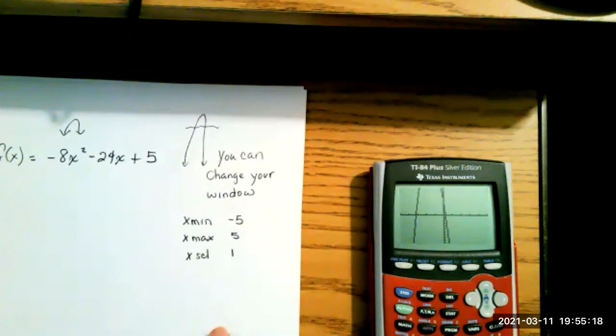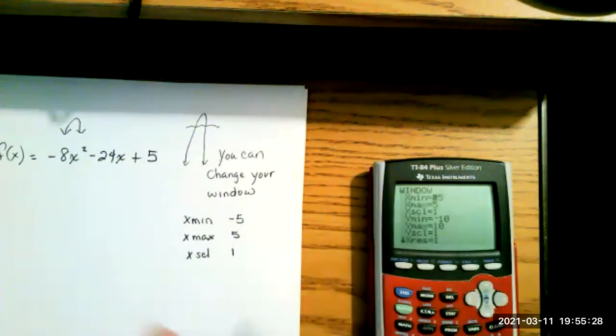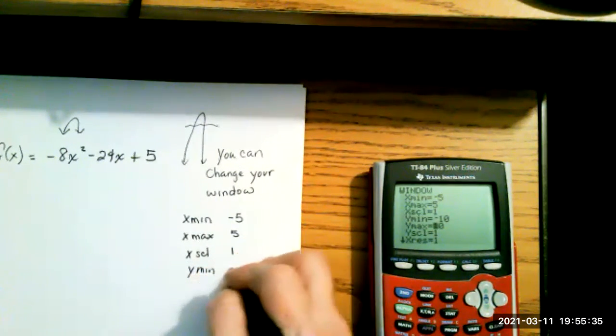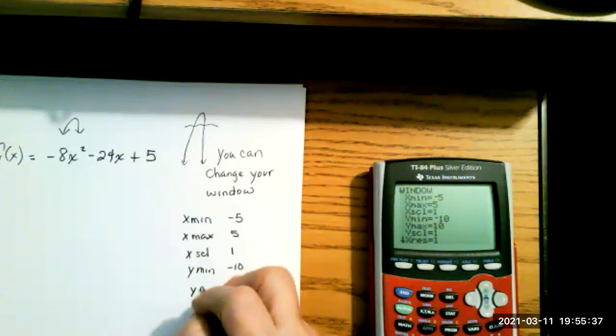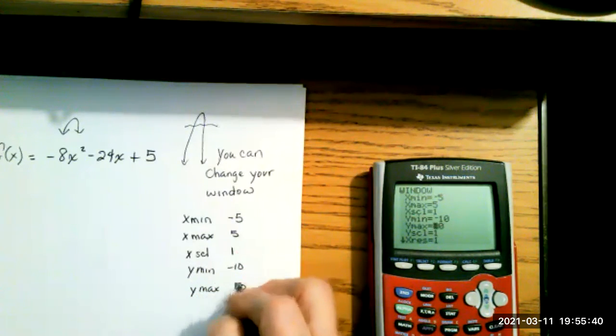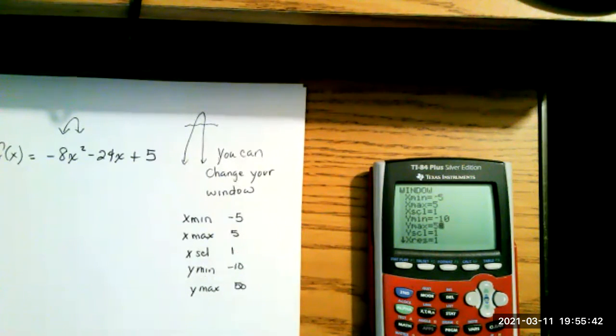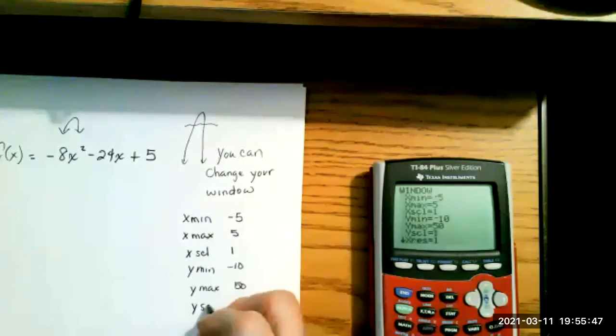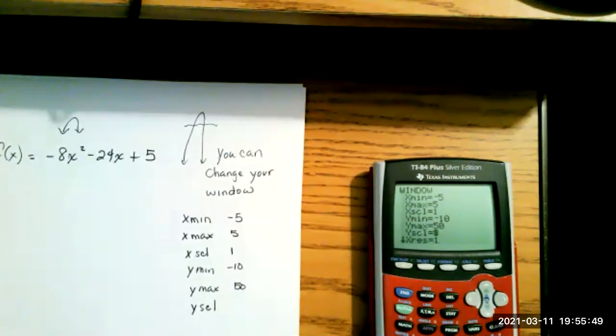I can almost see the top of it now with just changing my X's. But I need to change my Y so I can see the top of it. So I'm going to go to Y max. We'll leave the Y min at -10. And change my Y max to 50. So I'm going to change that 10 to a 50 there. And now my Y scale, I could count by ones, but that's a lot of little marks between 1 and 50.